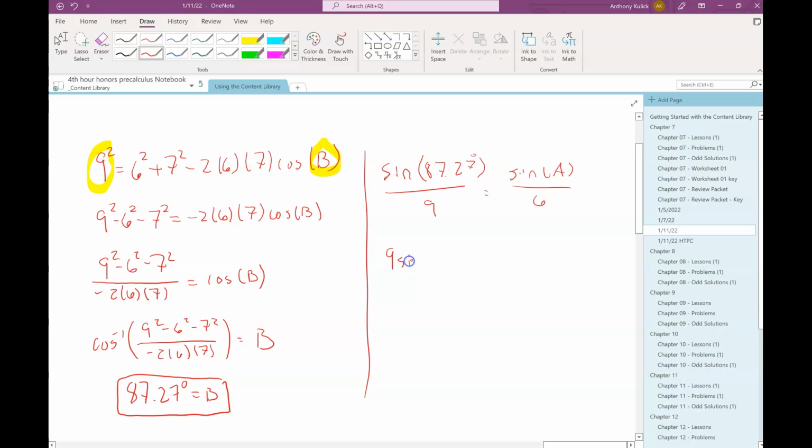Cross multiply. Divide by 9. And then do the sine inverse of both sides.